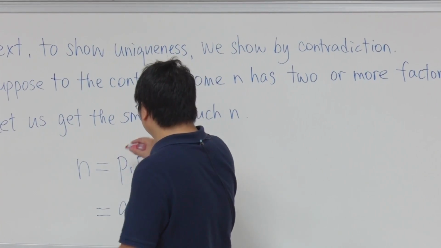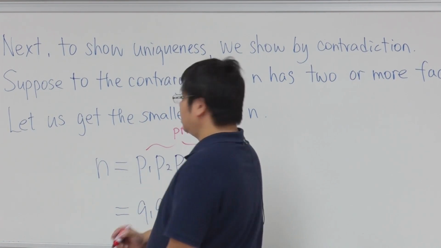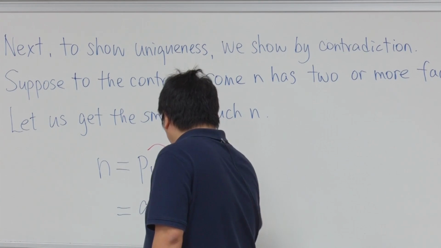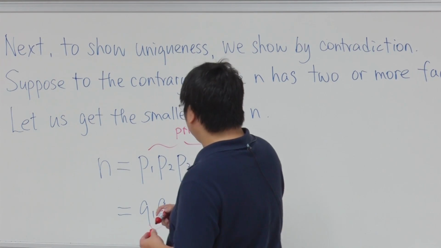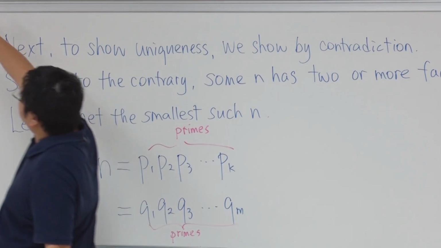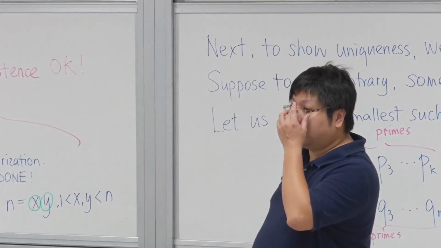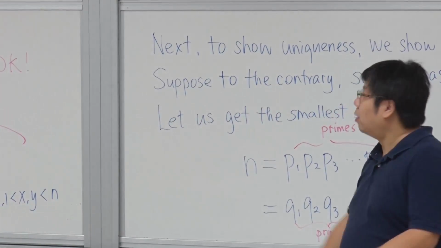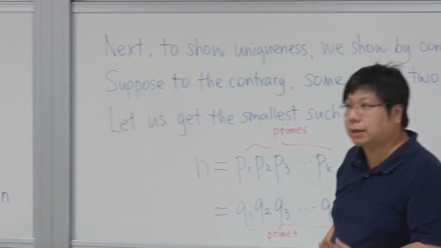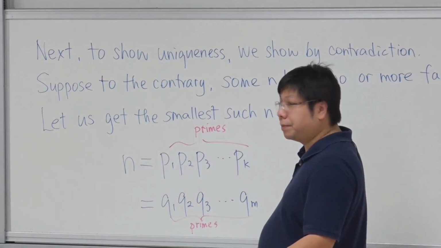Now, the earlier result says that if a prime divides a product of numbers, then it divides at least one of them.